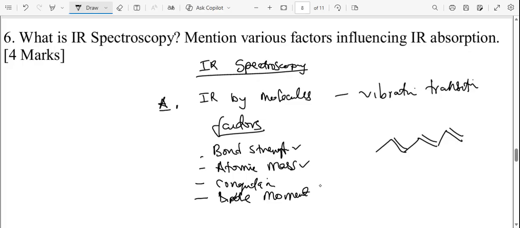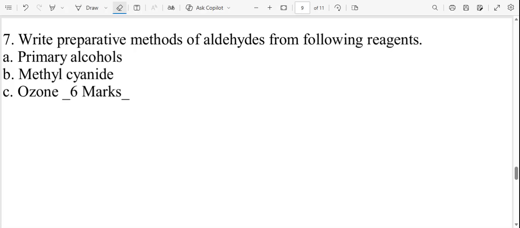So polar molecules increase the intensity. That is it. It's more important what I say than what I write because my handwriting is pathetic. Anyway, you understand what I'm trying to say.